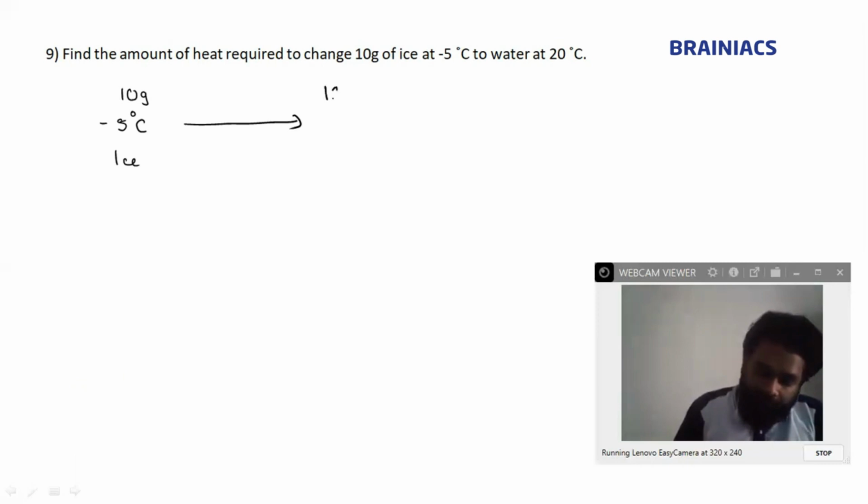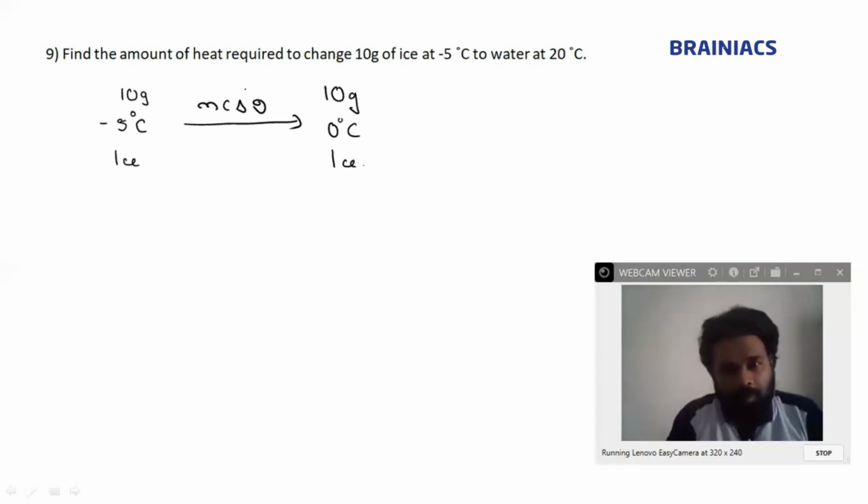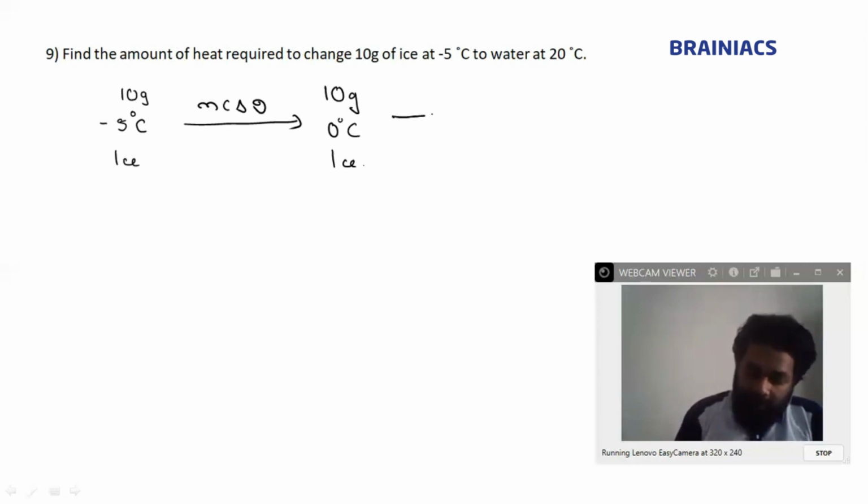This will become 10 gram 0 degrees Celsius ice first. For that, the heat required is MC delta theta, the heat responsible for changing the temperature. Now this is 0 degrees Celsius ice. This cannot become water at 20 degrees Celsius. Instead, this will become 10 gram 0 degrees Celsius water first.